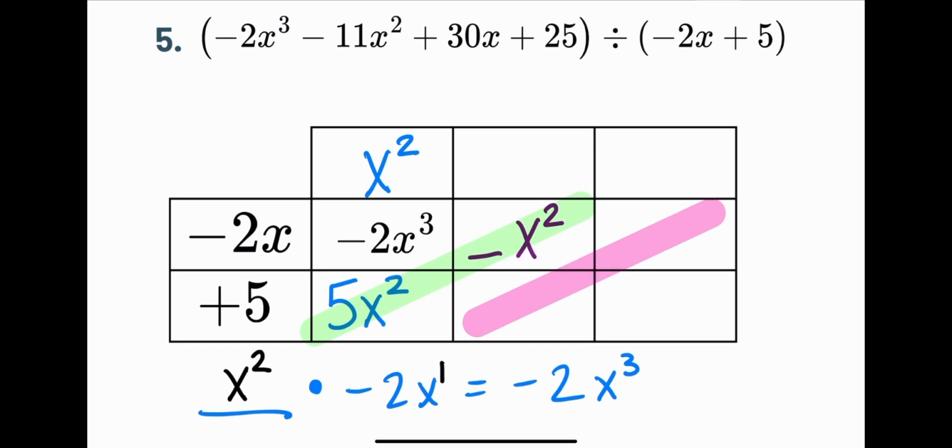Okay, let's figure out what the coefficient is there. I know that when I combine my like terms, I want to achieve a negative 11x squared. That is the end goal. Negative 11x squared when I combine my like terms. So, what can I combine 5 with to get negative 11?